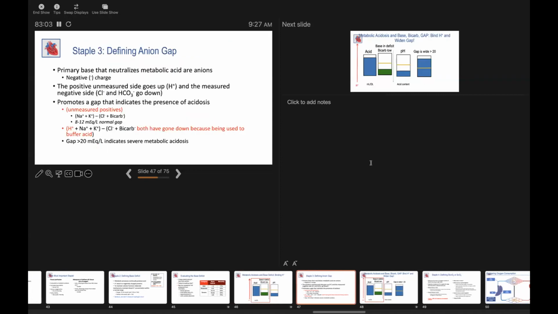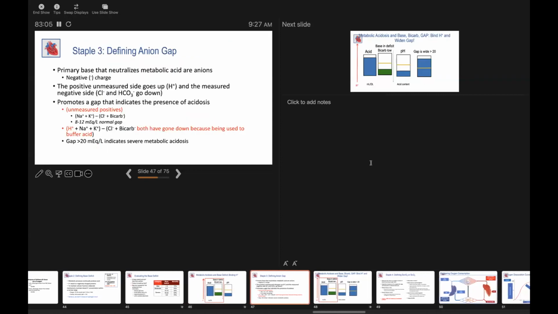Okay. Then we go back to anion gap. Remember, the anion gap basically looks at measured positives and unmeasured positives. Measured positives are sodium and potassium. Unmeasured positives are hydrogen. So now you see I've added H plus, Na plus, K, minus chloride and bicarb.